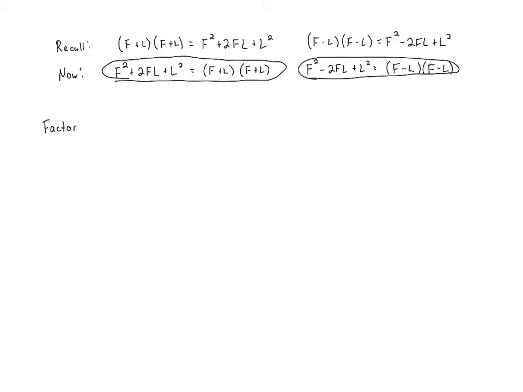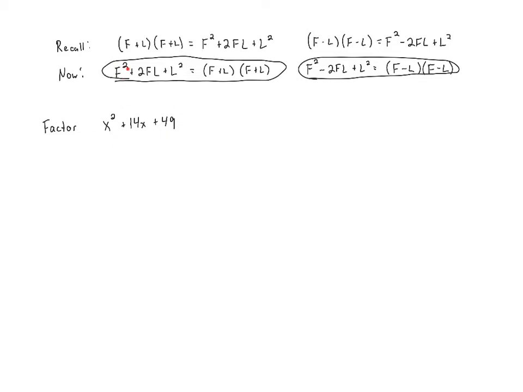Let's factor x squared plus 14x plus 49. Now, this one looks a little bit more like the first one than the second, because the second one has that negative middle term, and the first one is a positive middle term. So let's see if this fits the bill.